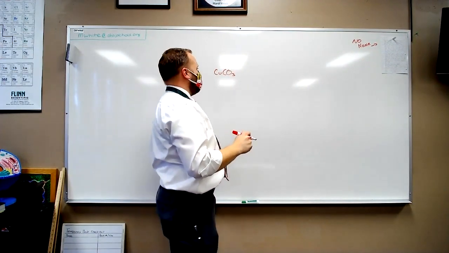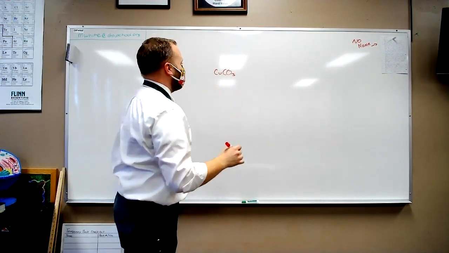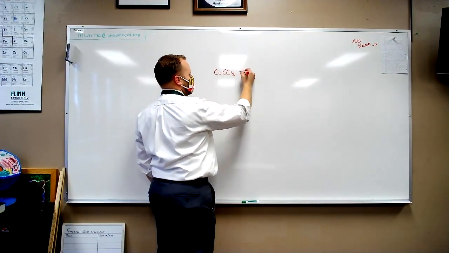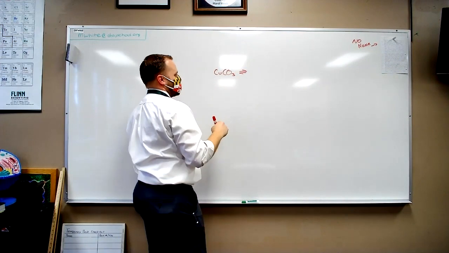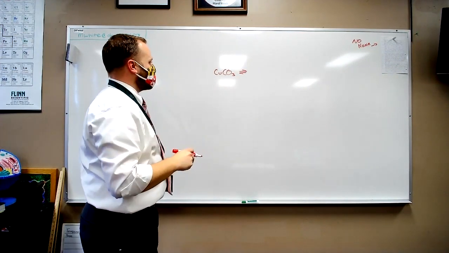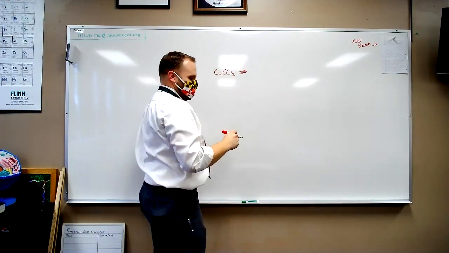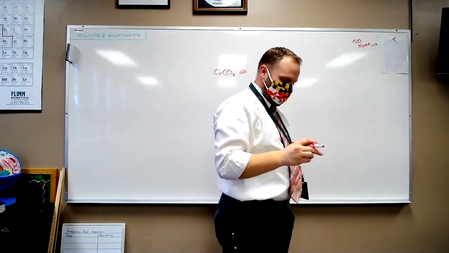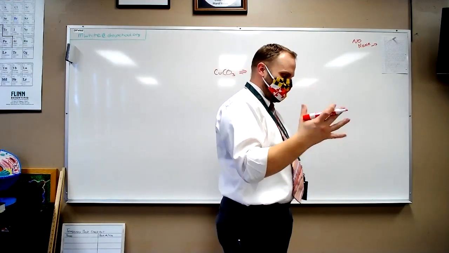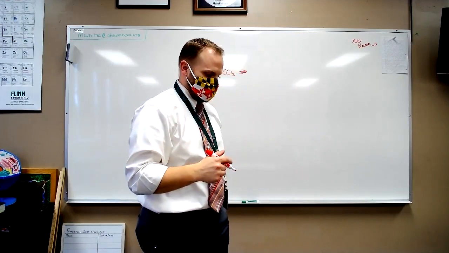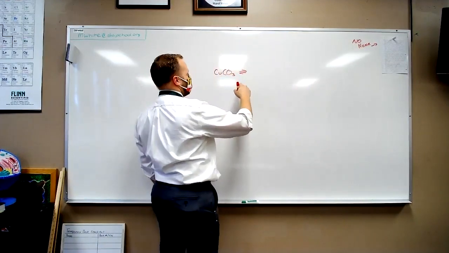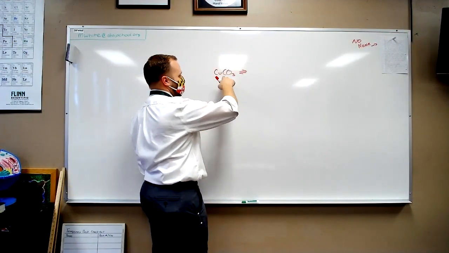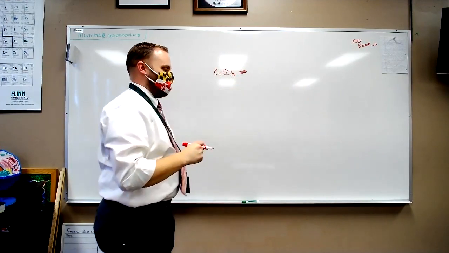So we've got our copper carbonate, and so we set up our reaction. We're going to have to break apart this ionic compound, and this is a polyatomic.